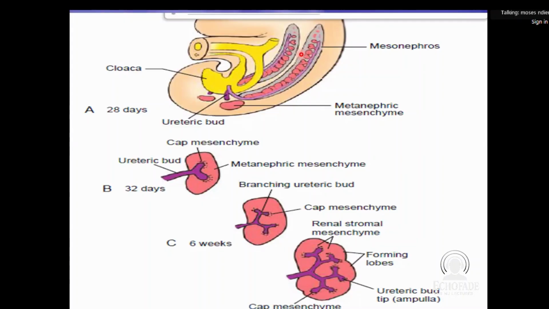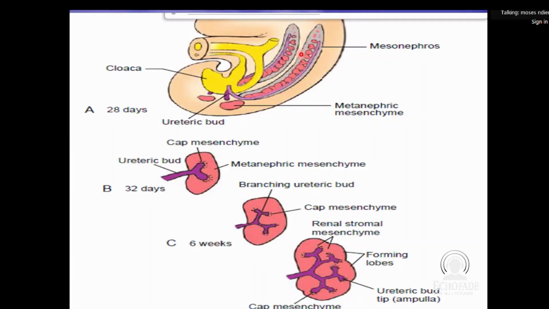But do these structures all develop to form the kidney? They all develop from the urinary system. During development, usually from the fourth week of the embryo after fertilization, we already have the intermediate mesoderm formed.